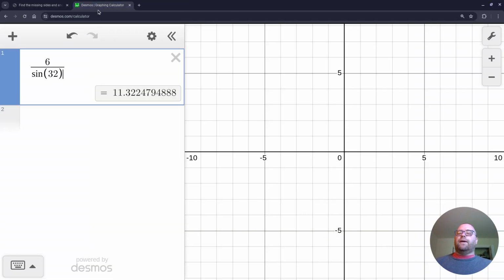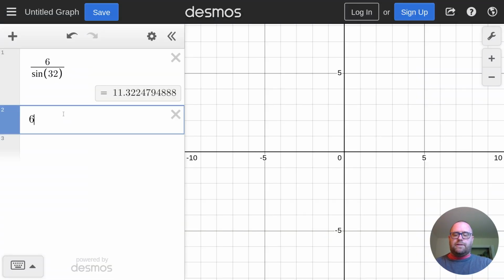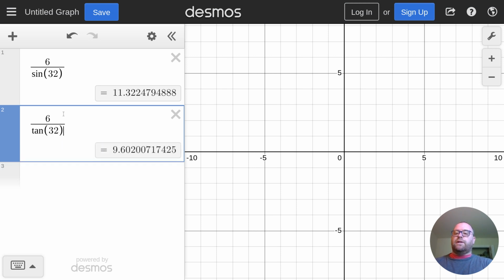And we'll do that one out. So 6 divided by the tangent of 32 degrees, and we get 9.60.